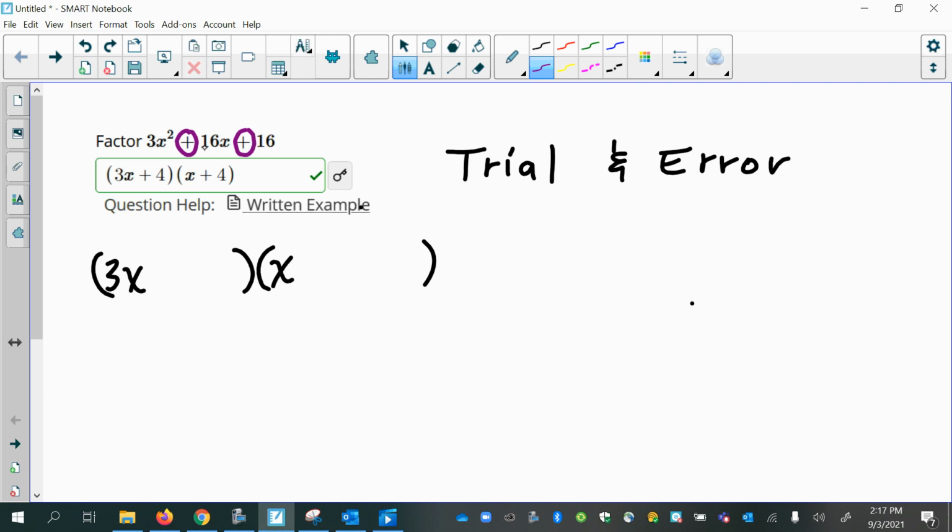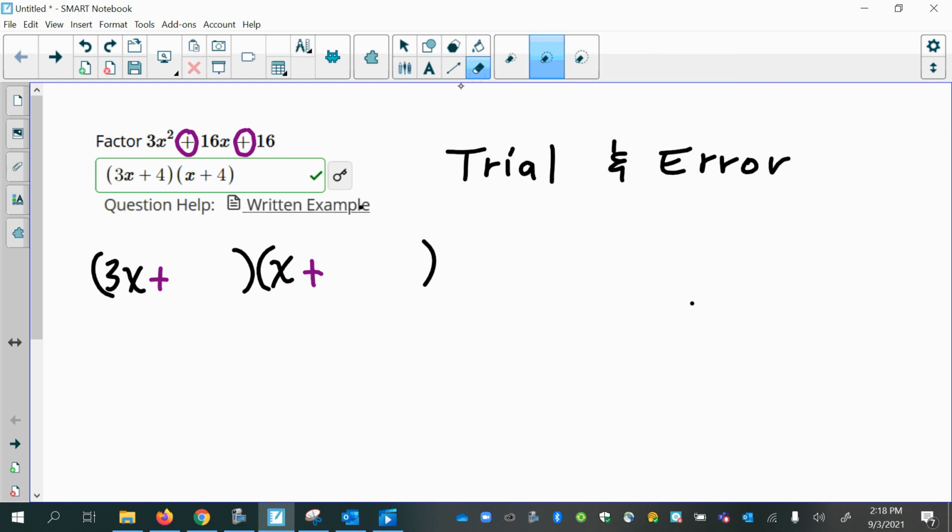So when adding, if both numbers have the same sign and you end up with a positive, it would mean that both of the numbers were positive. If both of the numbers had the same sign and you add them and get a negative, it would mean that both of the numbers had a negative sign. So by looking at the last term's sign and the middle term's sign, I know that I should have a positive in each set of parentheses.